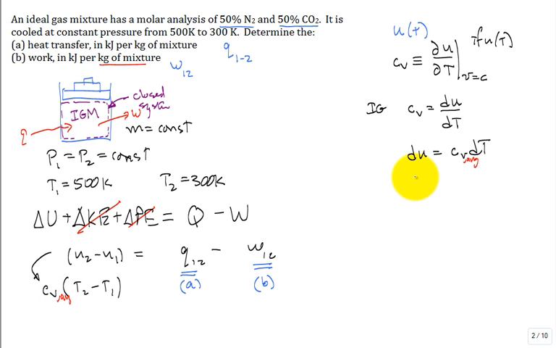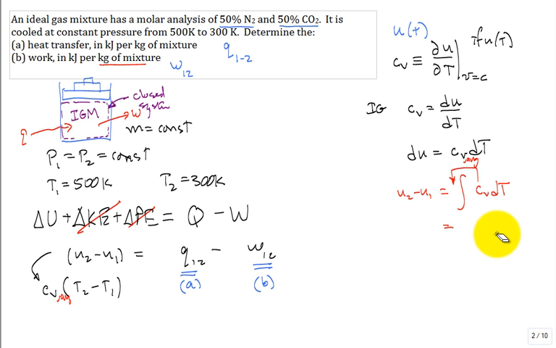Otherwise, if you want to go U2 minus U1, it's the integral of the temperature-dependent C sub V, you have to get that function, times dT. But a lot of times, just pull it out, use the average value, and so it's C sub V average over that temperature range, T2 minus T1. Okay? Makes sense? All right. Little diversion there. Let's get us back on track.